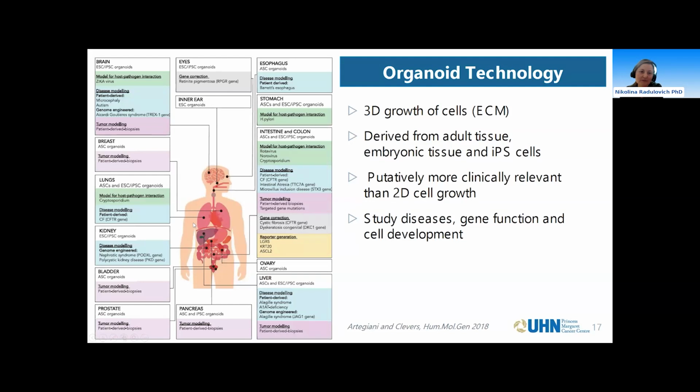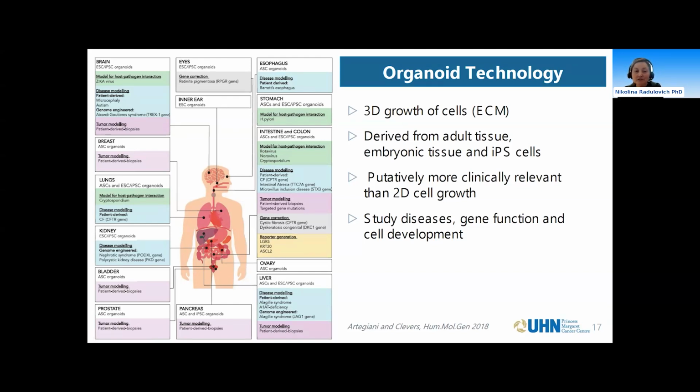So first, let me introduce the organoid technology very briefly. Organoids are self-organizing three-dimensional cultures that are generated from stem cells or cancer-initiating cells. They can be normal or cancer, and they give rise to specific cell types of the tissue origin.